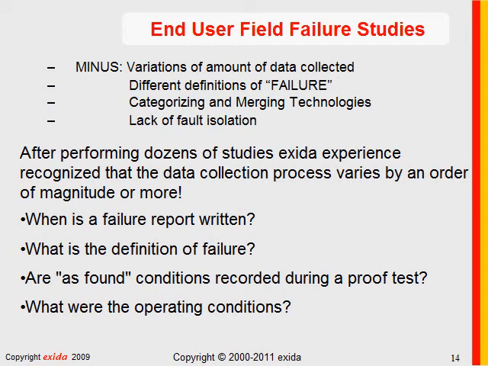But the way in which you do a manual proof test and the way in which you record the data makes all the difference in the world as to the analysis results from manual proof test records. And what were the operating conditions? These are the important questions that we must ask.